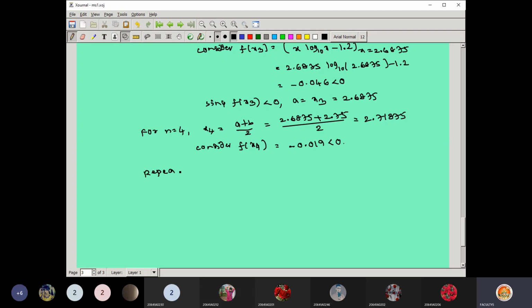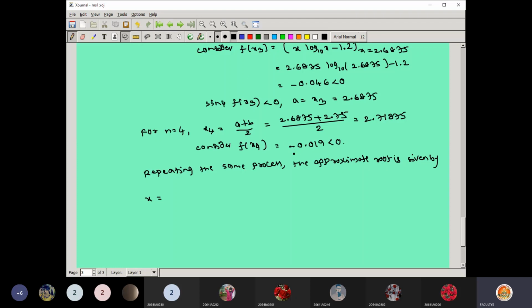Repeating, what is our main target? The function should become 0. So repeating the same process, the approximate root is given by: write down all your available approximate roots, the x values, and take the average.